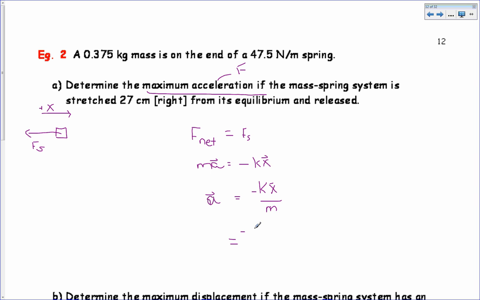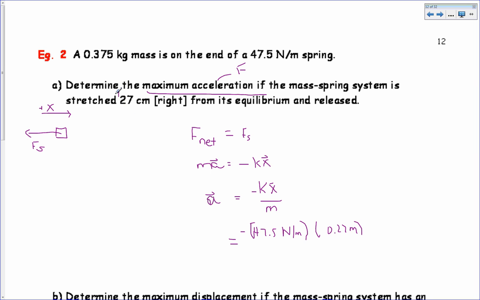Okay, so negative 47.5 Newton meters times our x, which is 27 centimeters, so that's 0.27 meters. And that x is to the right, which means it's positive, right?